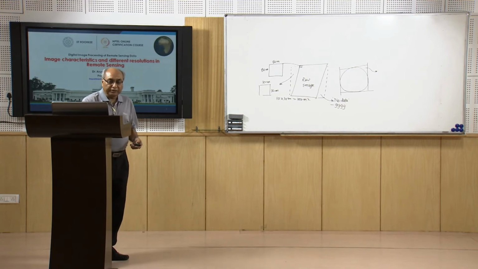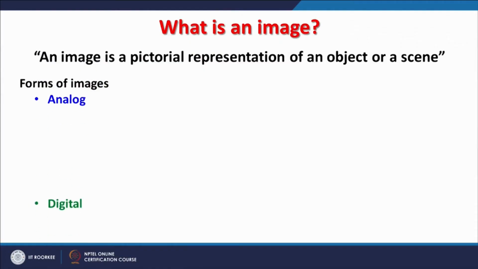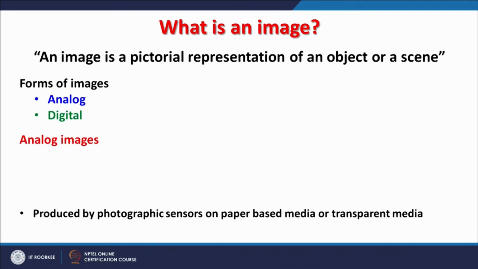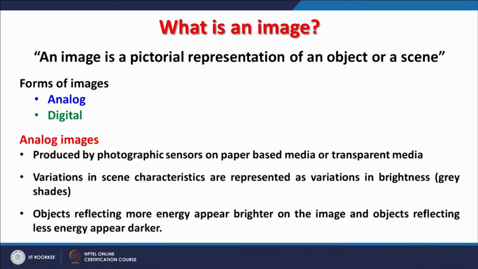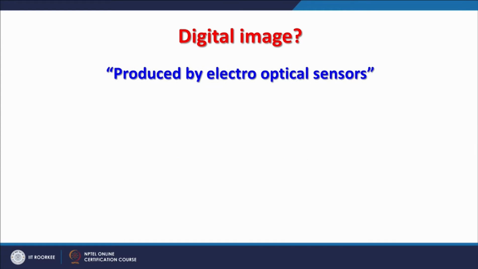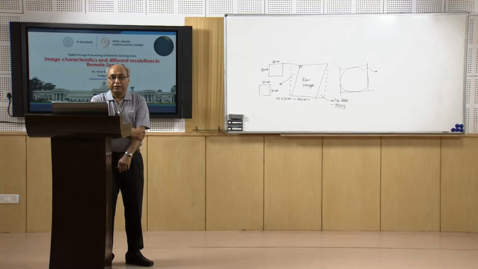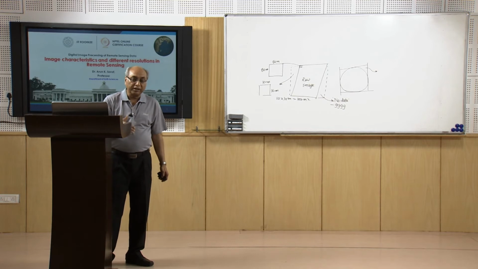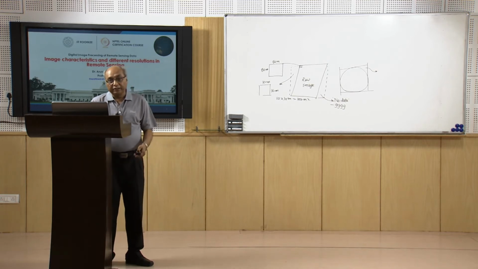We have also discussed the different images, analog and digital. Now we will talk only about digital images, not analog images. And for digital images, we have discussed different types of sensors. Maybe electro-optical sensors, or just simple CCDs, an array of CCDs which we have seen in some scanners, along track and across track scanners, which acquire the data.